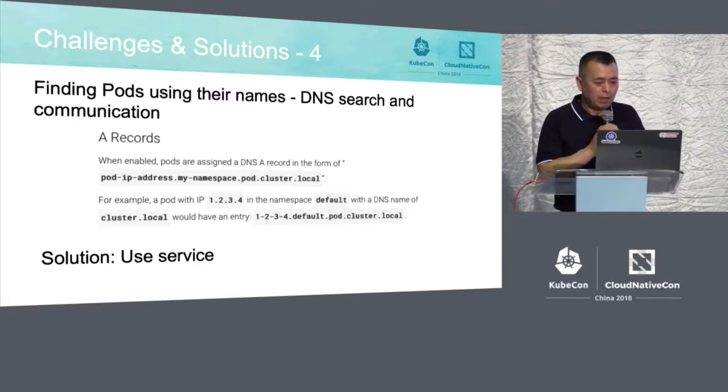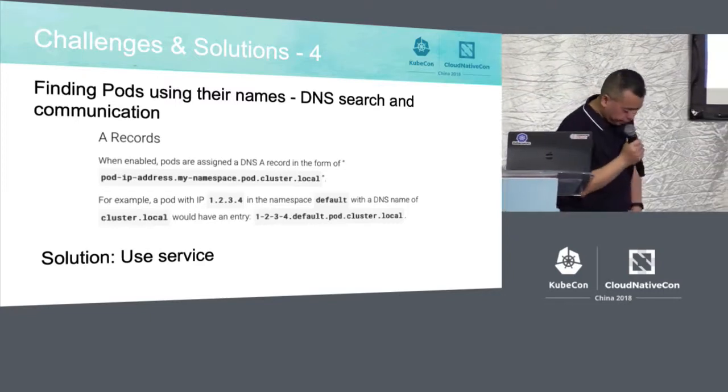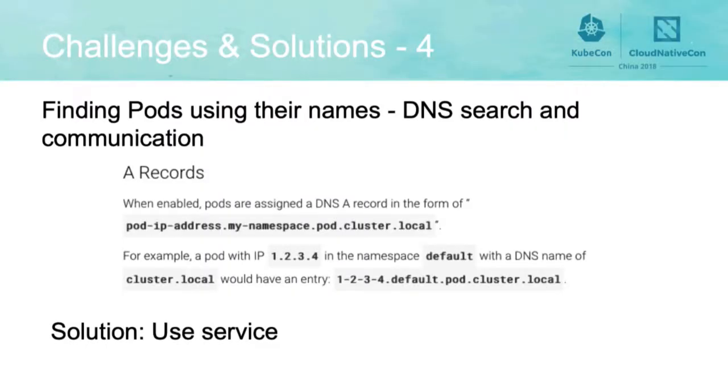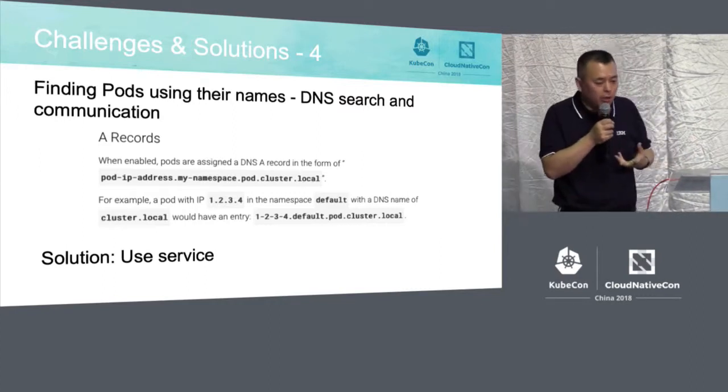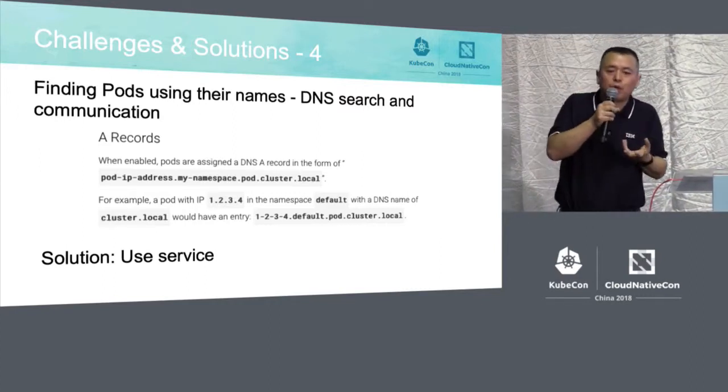So, this one. If you have worked on Kubernetes, you probably know that when you stand up something, you may have a lot of pods. Now you want your pods to communicate with each other. You don't want to keep trying to find those IPs; you want to use the name. That's where DNS really helps.